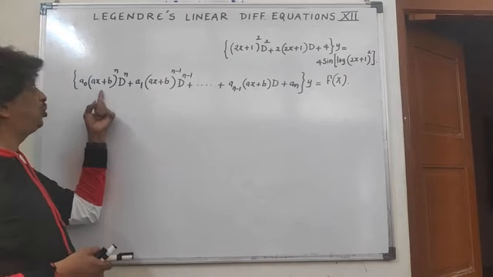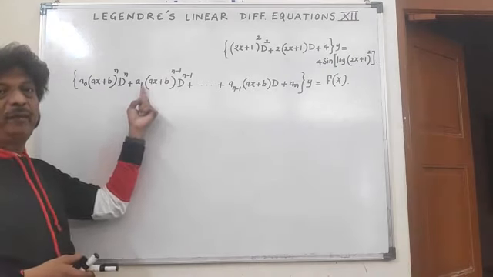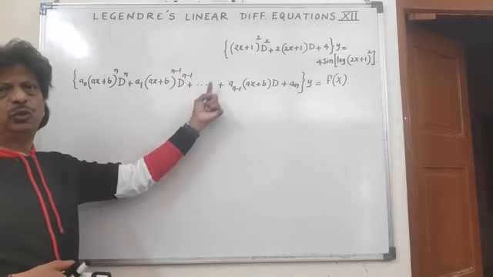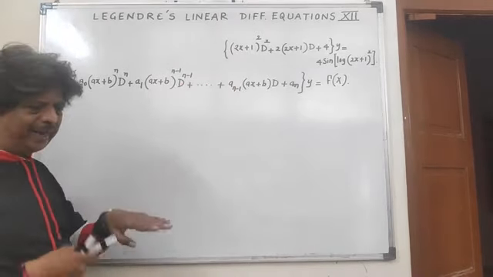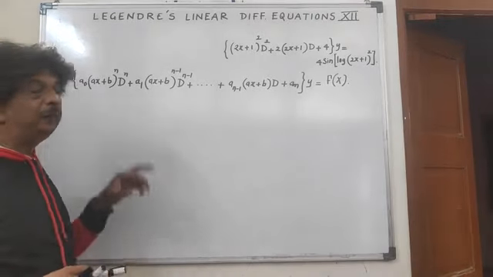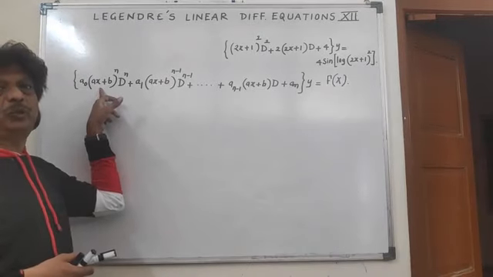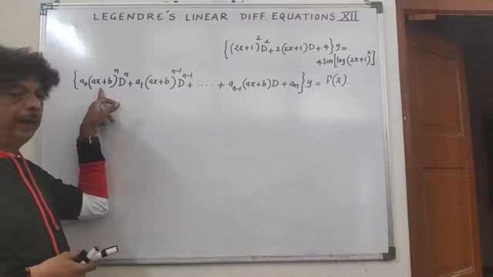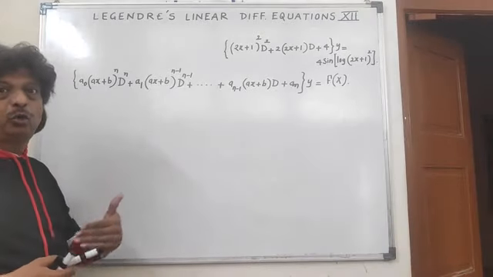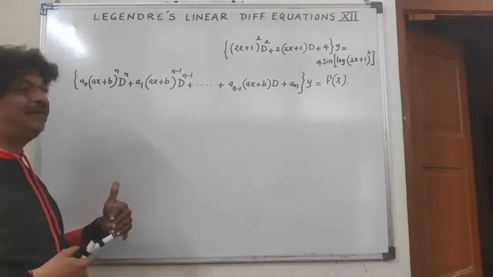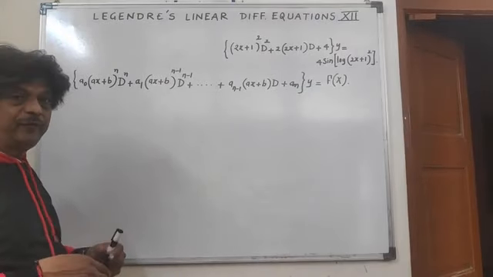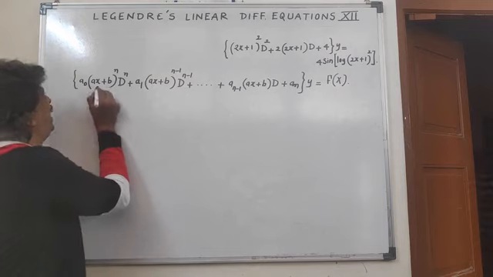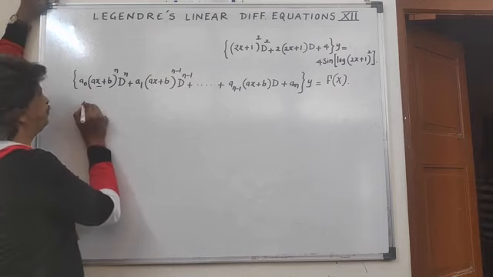Instead of x^n, x^(n-1), x^(n-2), x, it has now been replaced by its modified linear term, ax plus b. In Cauchy's, we used to put x equal to e power z. So similarly, generalizing the same fundamentals, we shall put ax plus b here.